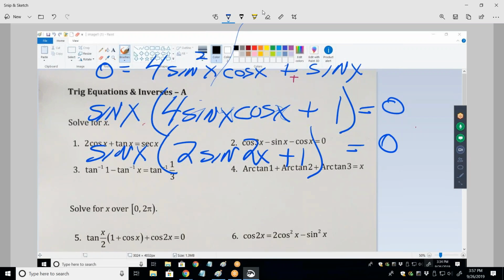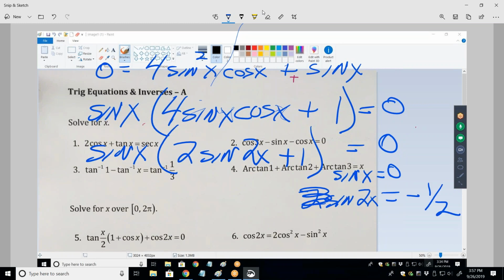Our solutions are sine x equals 0, or 2 sine of 2x equals negative 1/2.